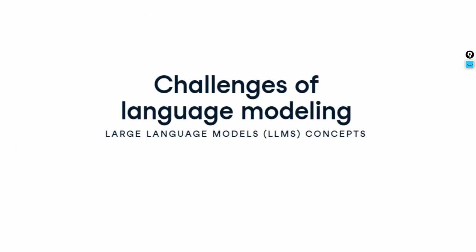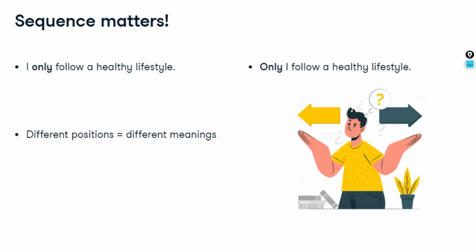Now let's discuss some of the challenges faced by large language models. One is the sequence. Whatever prompts you give, or whatever textual data we have, the model has to carefully understand the sequence.